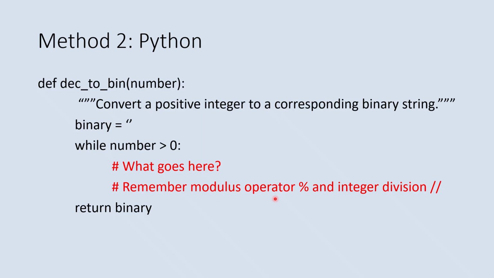So we want to think about how to do what we just did in the example, keeping track of the integer part and keeping track of the remainder. And the remainder is the part we need to put in place, and ultimately, it needs to be read backward from the way that they were created.